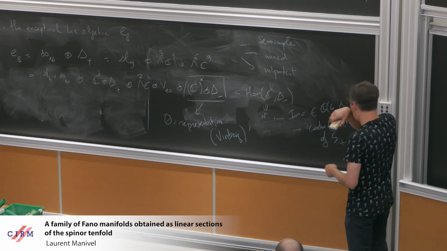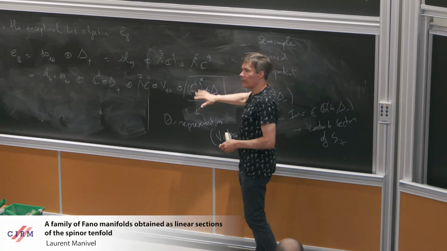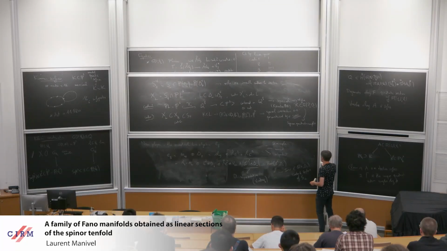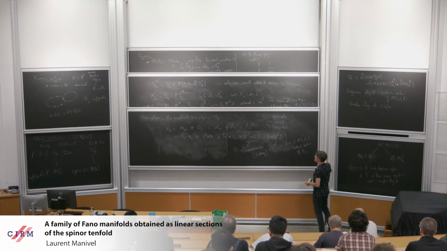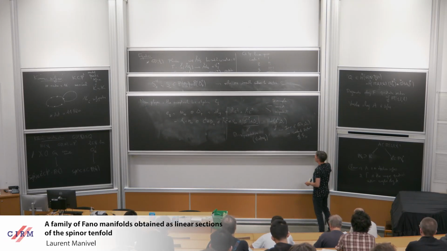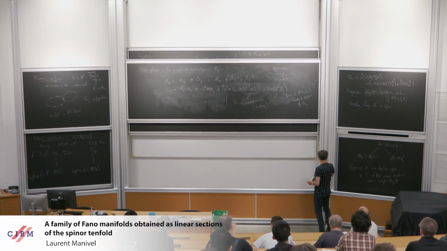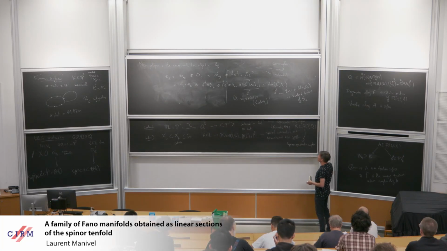So this kind of classification still exists for these theta representations. This means you get a huge amount of information from this Jordan-Vinberg theory.